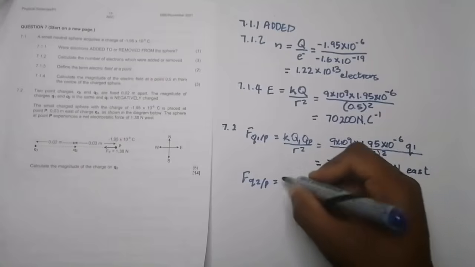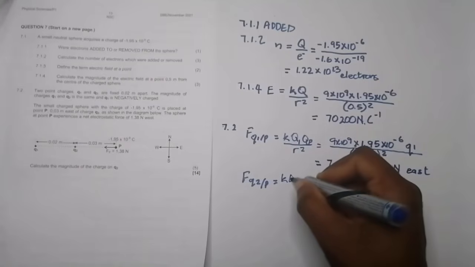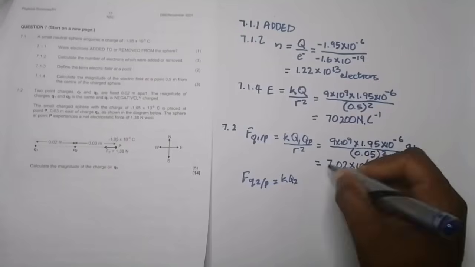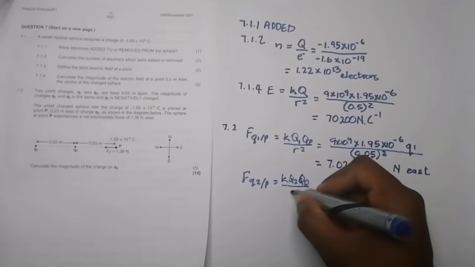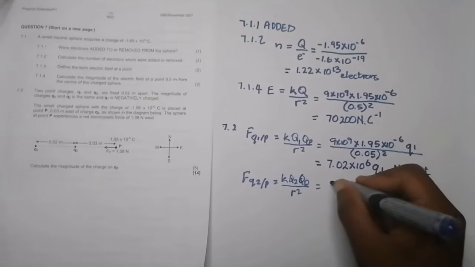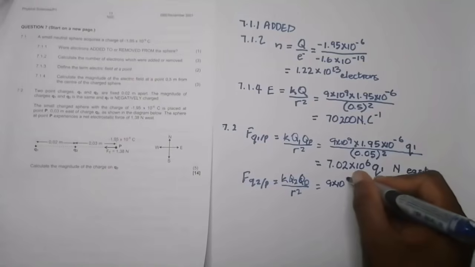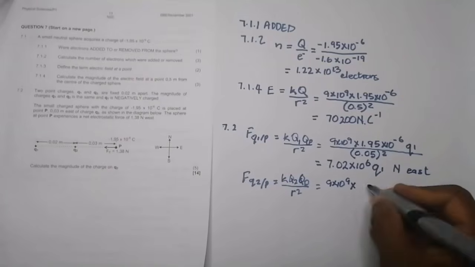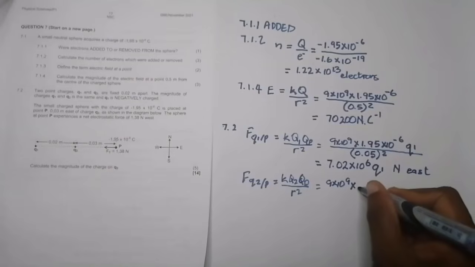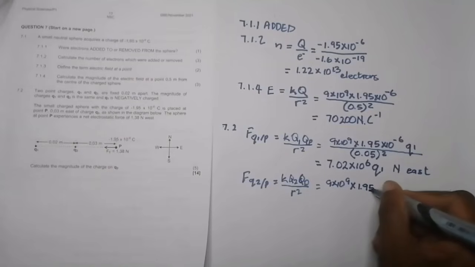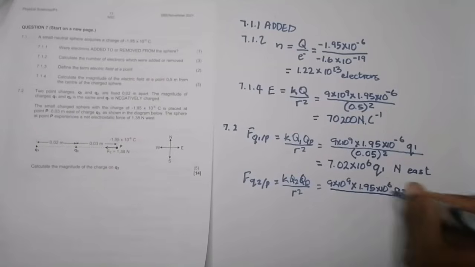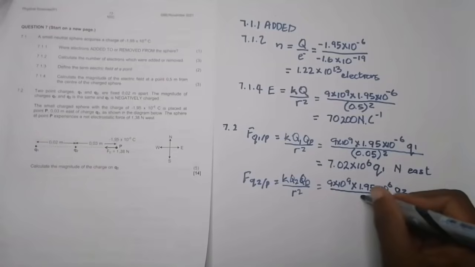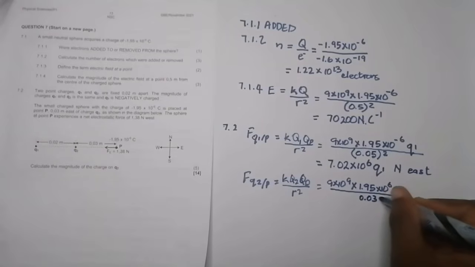Then let's find now the force between Q2 and P. We're going to use the very same formula. So FQ2 on P is going to be 9 times 10 to the power 9, multiplied by 1.95 times 10 to the power minus 6 times Q2, the charge on Q2, divided by the distance between them, which is now just 0.03.